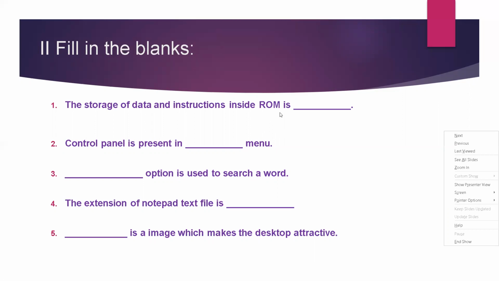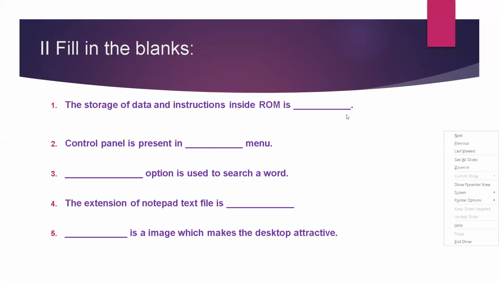RAM is RAM. What is the full form of RAM? Random access memory. The storage of data and instructions inside this memory is temporary. Means it gets erased. It's temporary. Okay? It gets erased. Next is ROM.